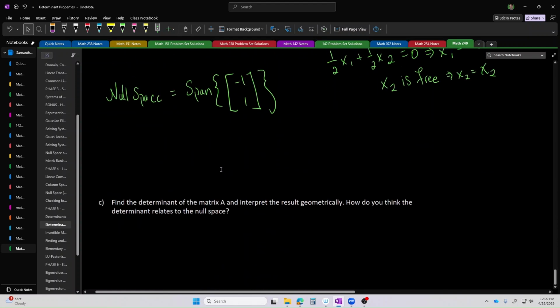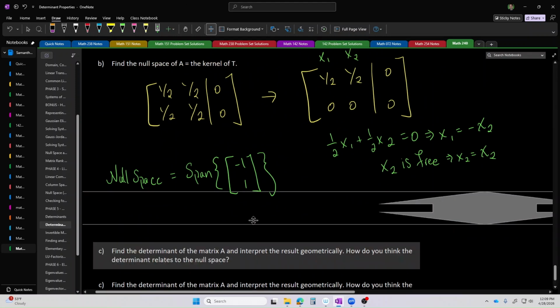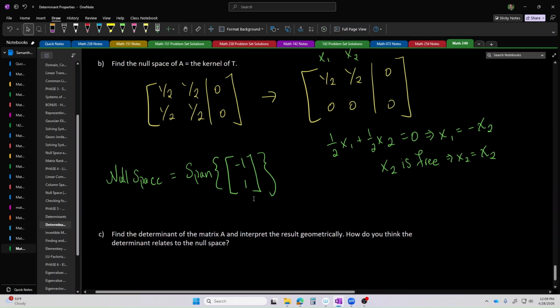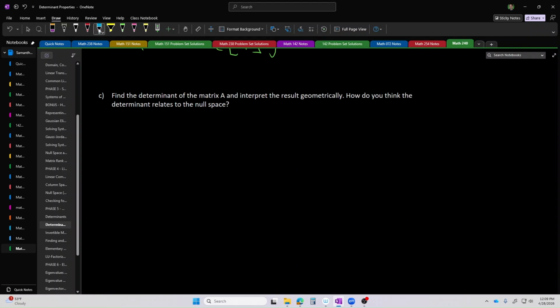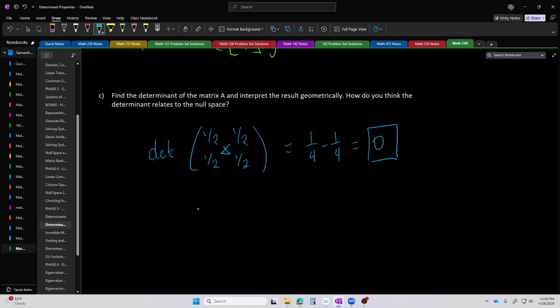So finally, let's find the determinant of this matrix A and interpret the determinant geometrically. My matrix A had entries 1/2, 1/2, 1/2, 1/2. So the determinant would be 1/2 times itself minus 1/2 times itself. So 1/4 minus 1/4, result 0. The determinant of our matrix in this case is exactly 0. Once again, let's think about why this makes sense.